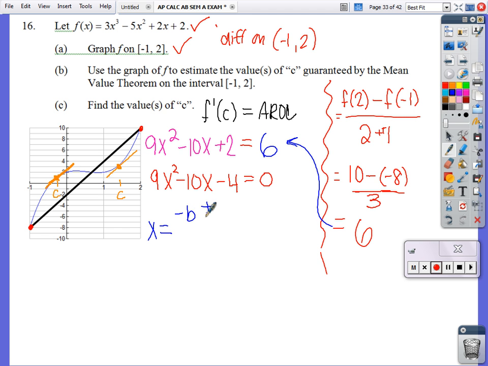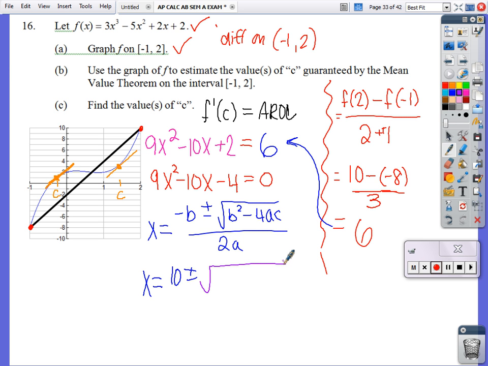Negative b plus or minus the square root of b squared minus 4ac all over 2a. So we get x is equal to negative 10 plus or minus, let me change my color, square root of b squared, which would be 100, minus 4 times 9 times -4 all over 18.